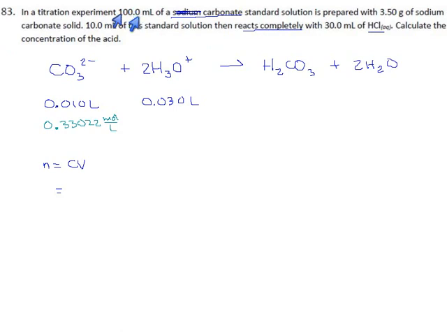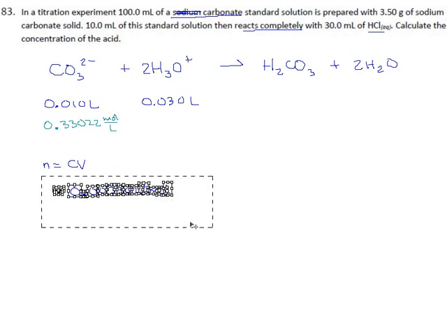They made 100 mils of it, but then they only took a tiny bit to actually use in the titration. So this is the number of moles that are actually in the titration that we're finding here. C is 0.33022. The volume is that. So we get 0.0033022 moles of carbonate.